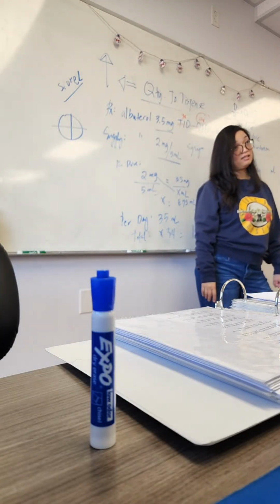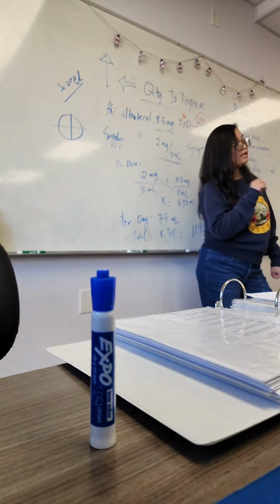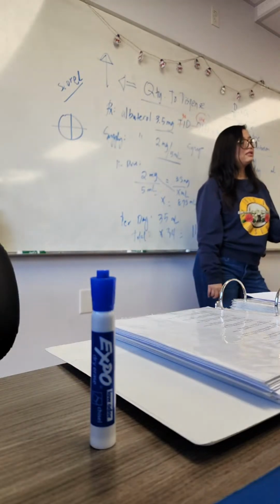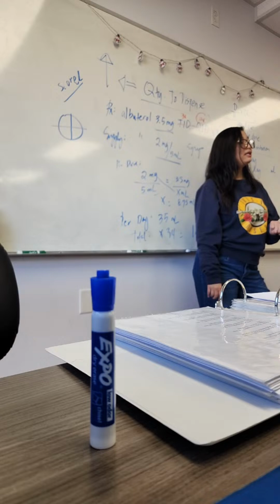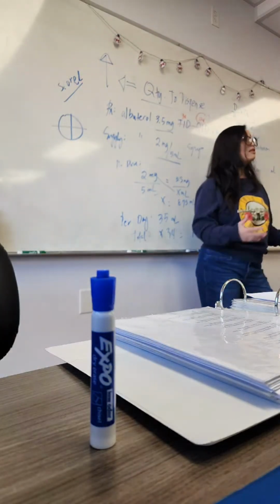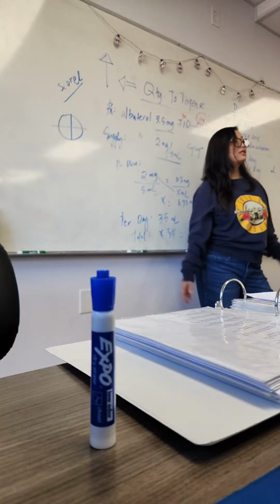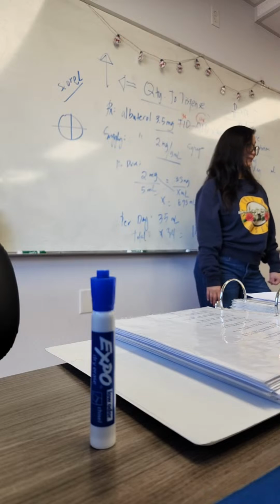Is that clear? That's how many students fail this particular quiz, topic day supply and quantity to be dispensed, because they did a total when the instructions specifically said how much per day or how much per dose. Don't tell me I didn't warn you. Okay?